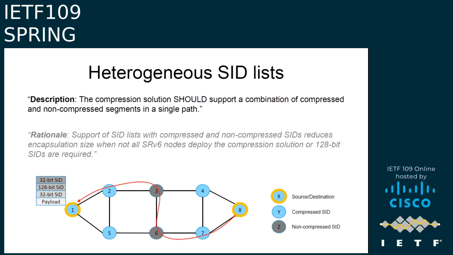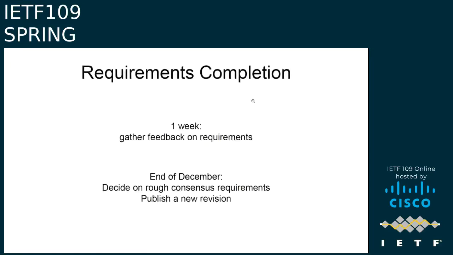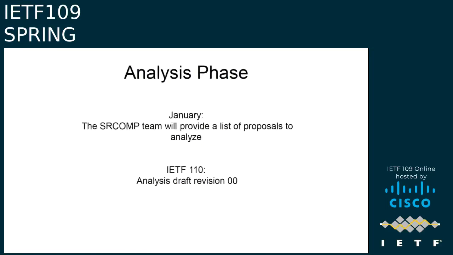This allows one pass to go through both compressed and non-compressed segments. Next page. I think all the items we have finished. So we will skip the next step because we have discussed it in the last presentation. That's all.